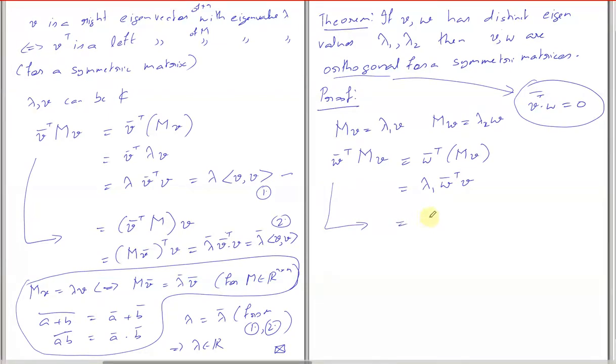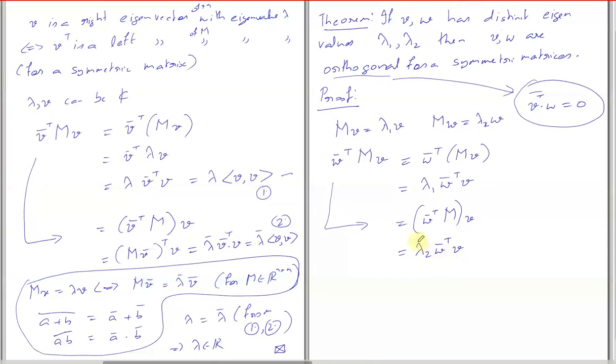Now let's group it the other way. So we are grouping it this way now. What happens? Lambda 2 into W bar, the whole transpose times V. Everybody agrees? Sir, lambda 2 bar.